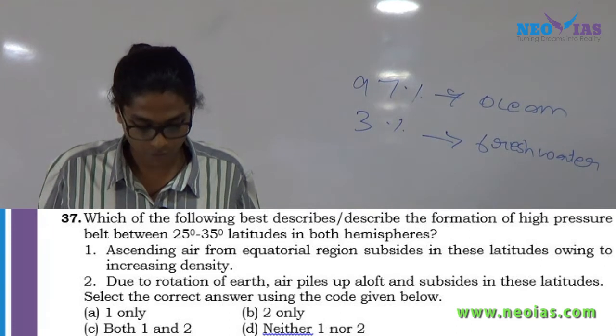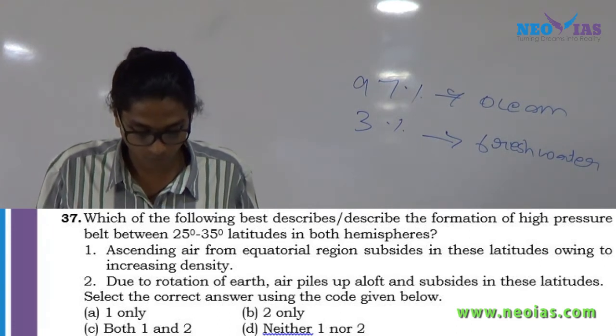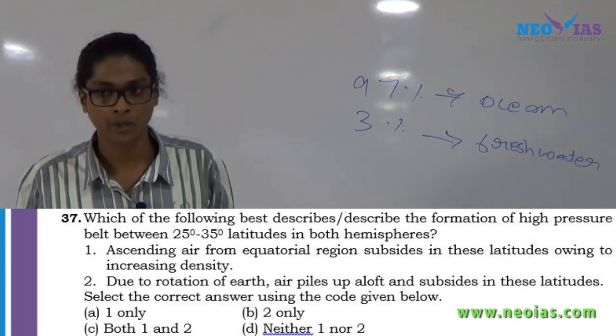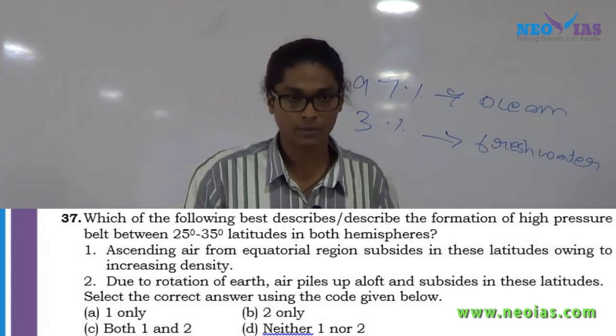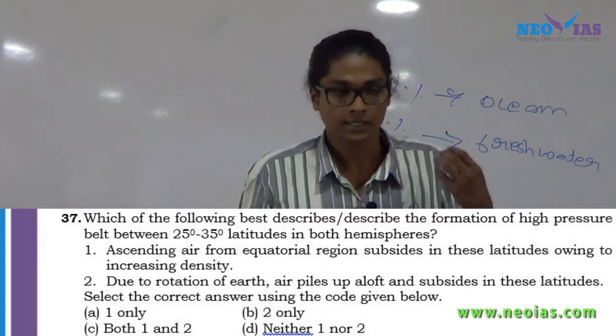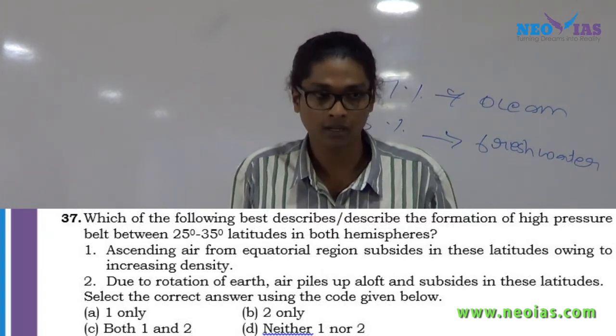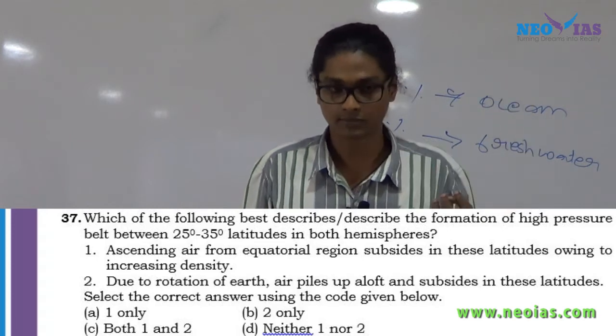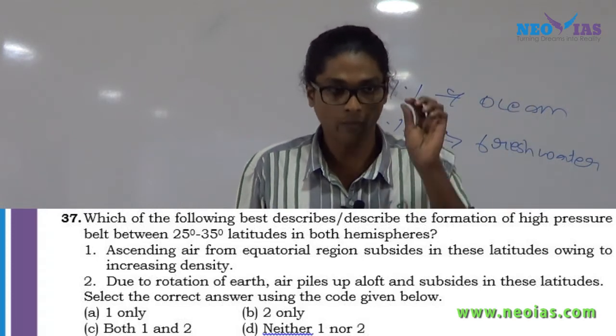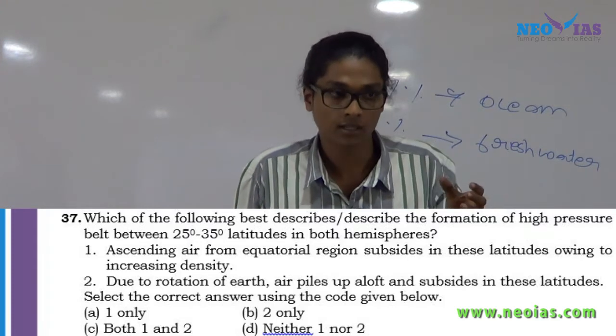Ascending air from the equatorial region subsides in these latitudes owing to increasing density. When I was taking this third module of climatology, I told you about this subtropical high pressure belt, right? Why is it formed? It is formed because of the subsidence of the air in those latitudes. And why does the air subside? Two reasons.